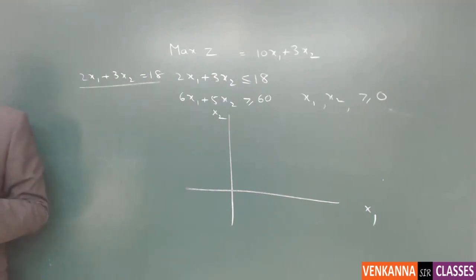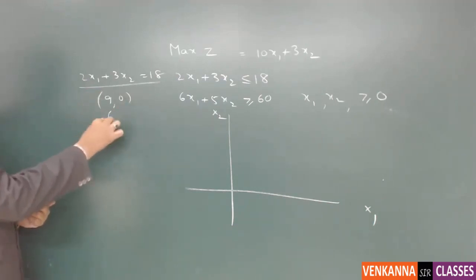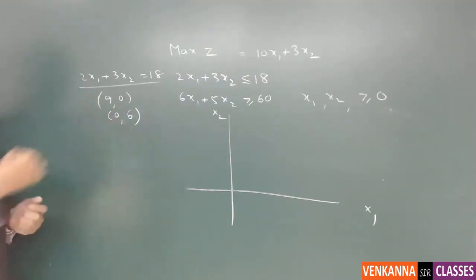What are the points to be taken? By substituting x1 and x2 equal to 0, the points are 9, 0 and 0, 6.